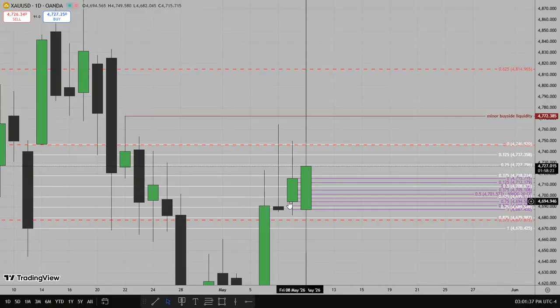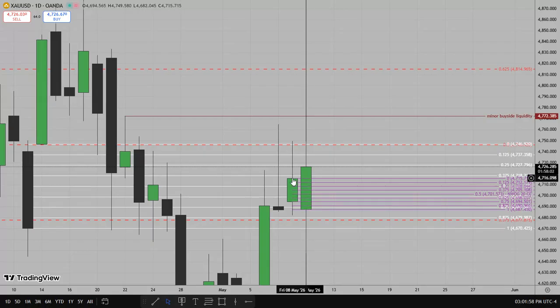and also these levels here. And I also have the new week opening up there. So we closed there on Friday at 4,715.715, and we open at 4,687.430.